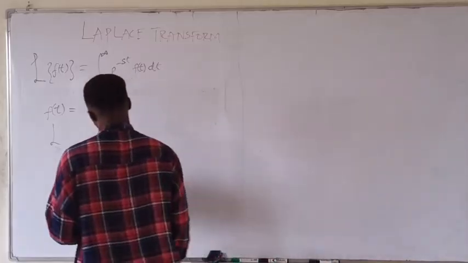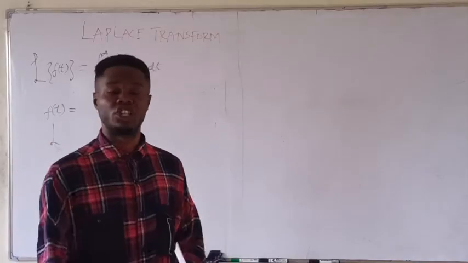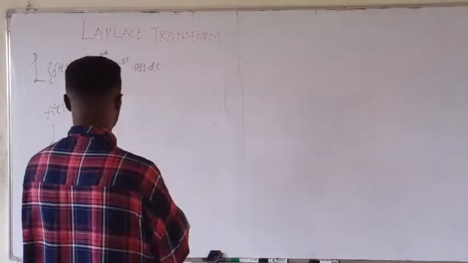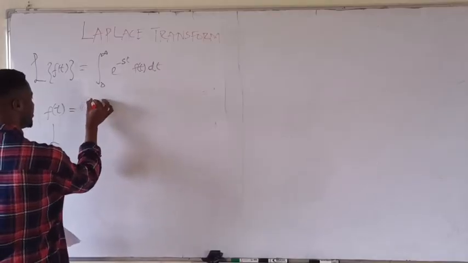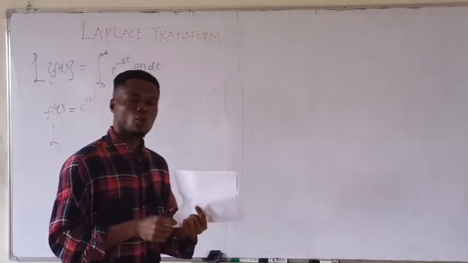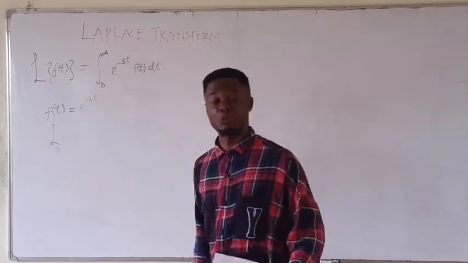Alright, so let's assume in this situation that f of t is now equal to the exponential of at. F of t is equal to the exponential of at. Okay? So what it means is that we are going to find the Laplace of the exponential of at.